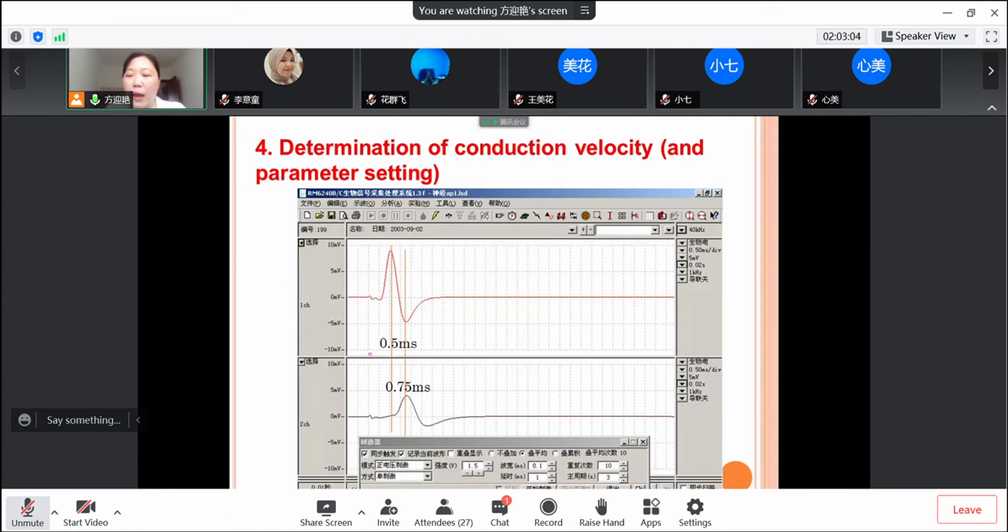The bunch of nerve fibers also has nerve distance, and also needs resistance, so there is a decrease.